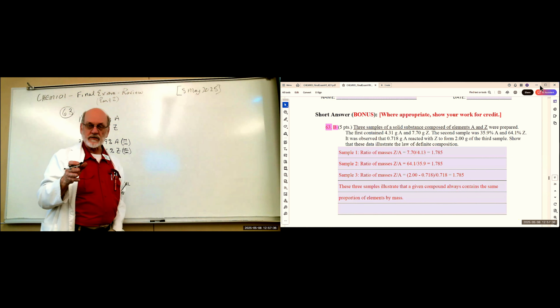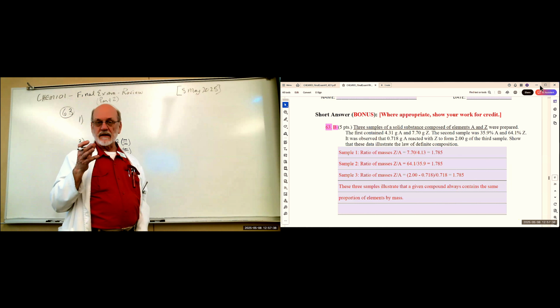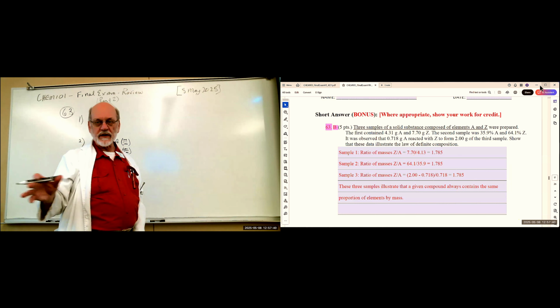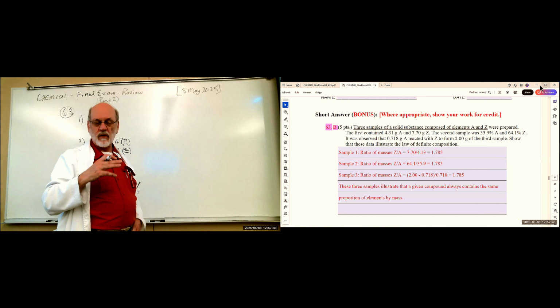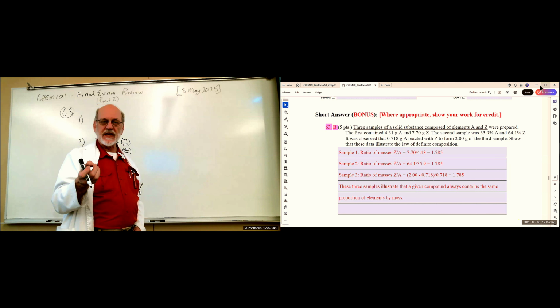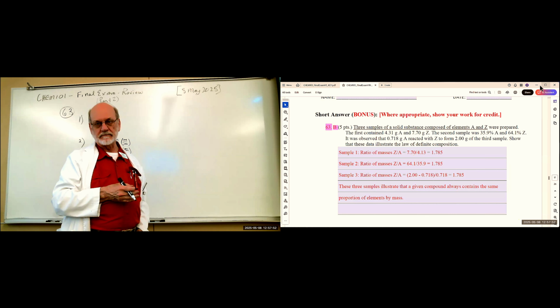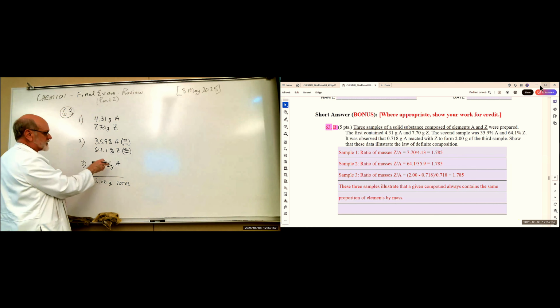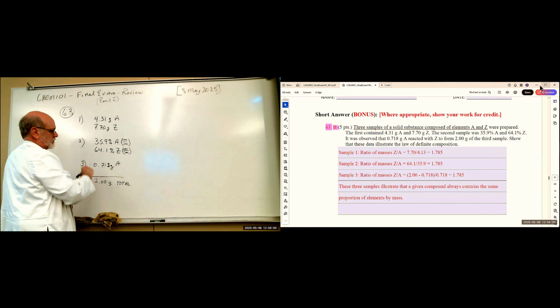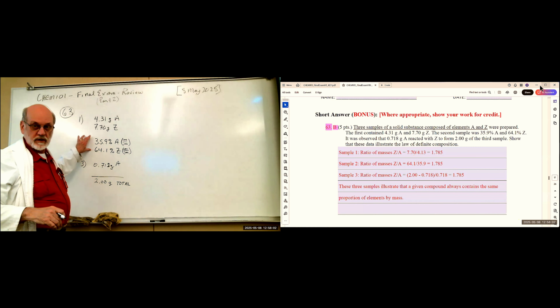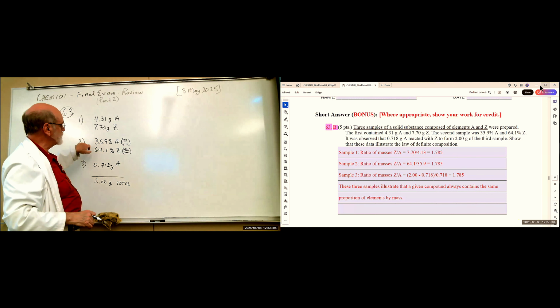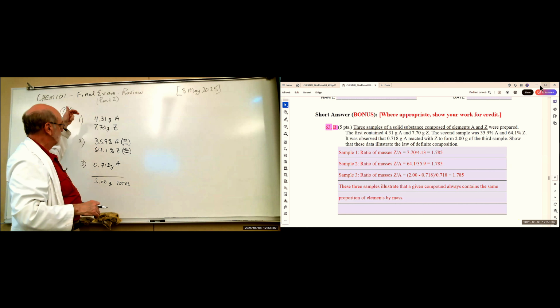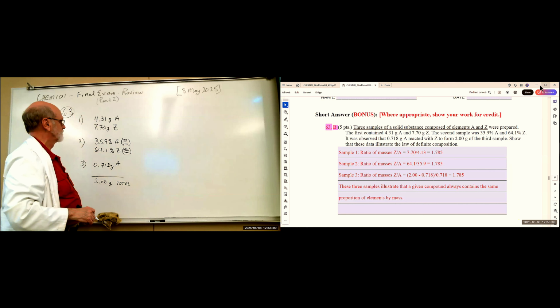The law of definite proportions, if you don't remember, says that any compound, no matter what its origin, its pathway, however you get to that compound, will always have the same mass ratio of elements in the compound. So this tells you the mass ratio right here. So you don't have to do anything with this one. What you have to do is calculate the mass ratio or percentages for this one and that one.